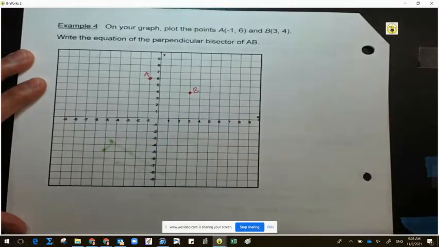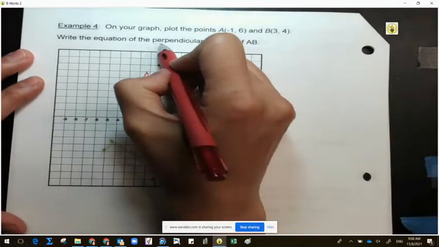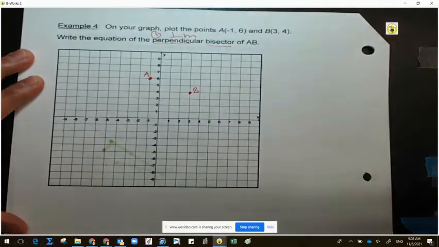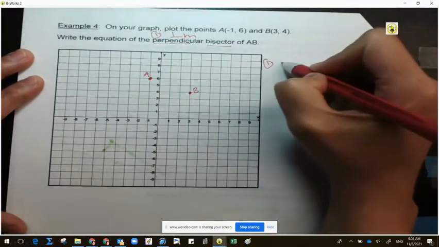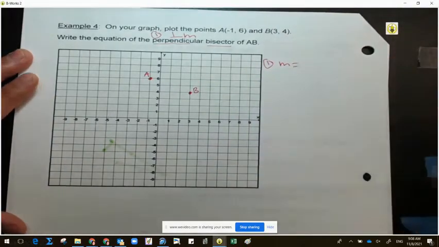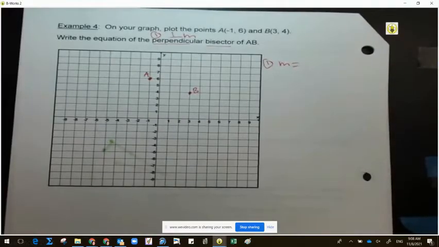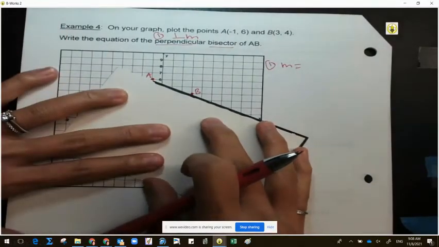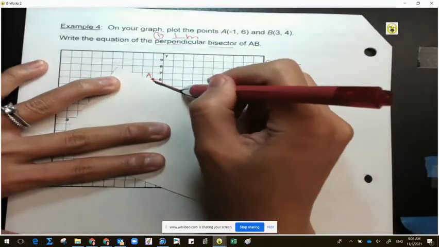And it says to write the equation of the perpendicular bisector. So the first thing is, I need it to be a perpendicular slope. So step 1, let's first find out what my slope is. Given 2 points, let's go ahead and connect them. You can freehand draw if you want. I want to make mine perfect, because why not?